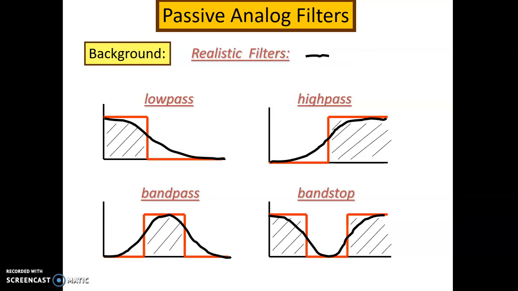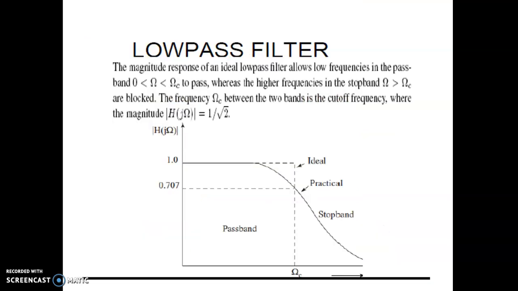The ones shown in black are the equivalent responses for a practical filter. So let us look at a low pass filter. For a low pass filter, the magnitude response is given as shown, with omega on the x axis and absolute value of H(j omega) on the y axis, and the response goes from 1 and tapers down slowly because that's a practical filter.